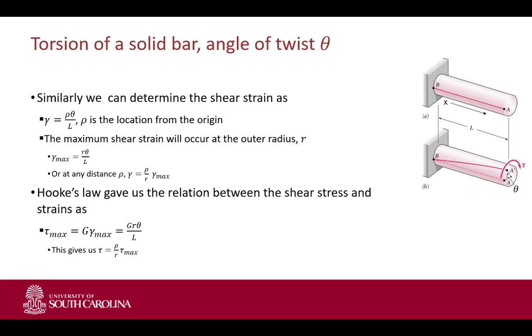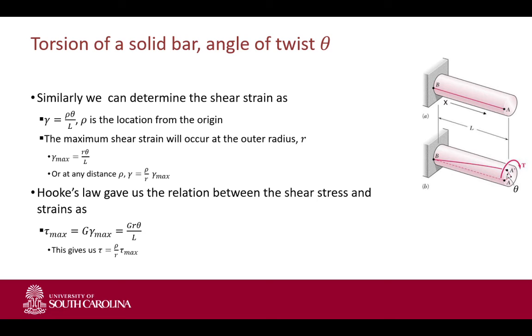We know that rho varies from 0 to r, where r is the radius of the circle. So it's maximum at the outer point of the circle. So the maximum shear stress will occur at the outer part of the radius.